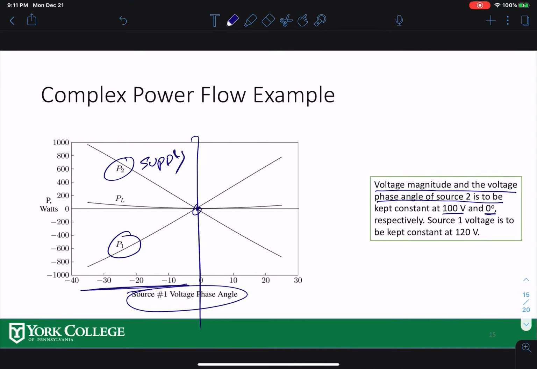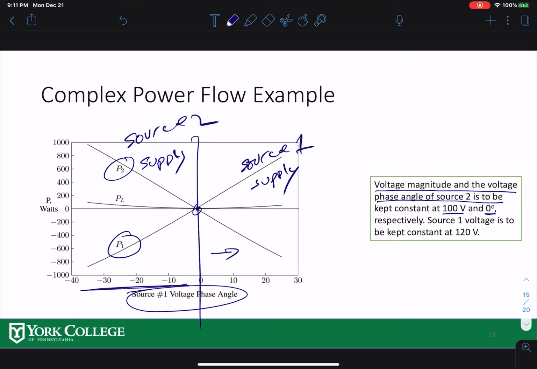When you go on this side, your source 1 angle is positive, because source 2 is always 0. So source 1 is supplying now. Source 2 supplies when source 1 has a negative angle, because source 2 is always 0, so it has the higher angle and is supplying.